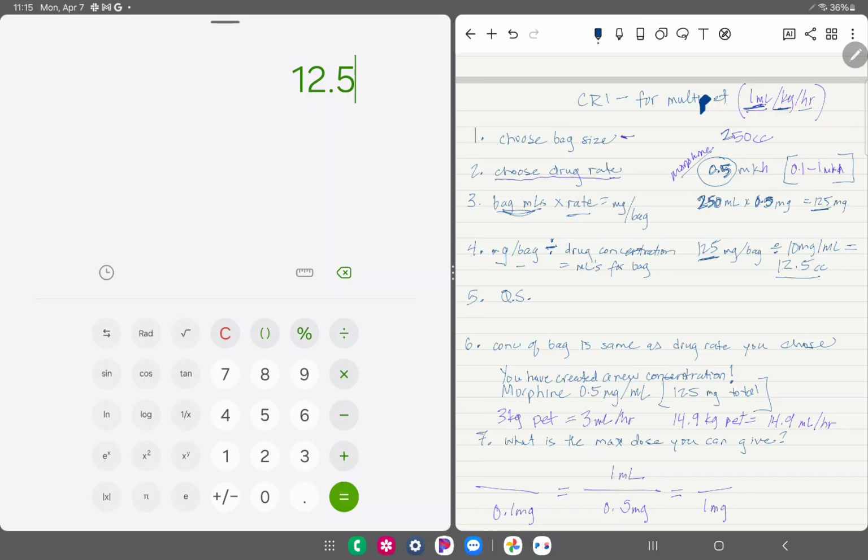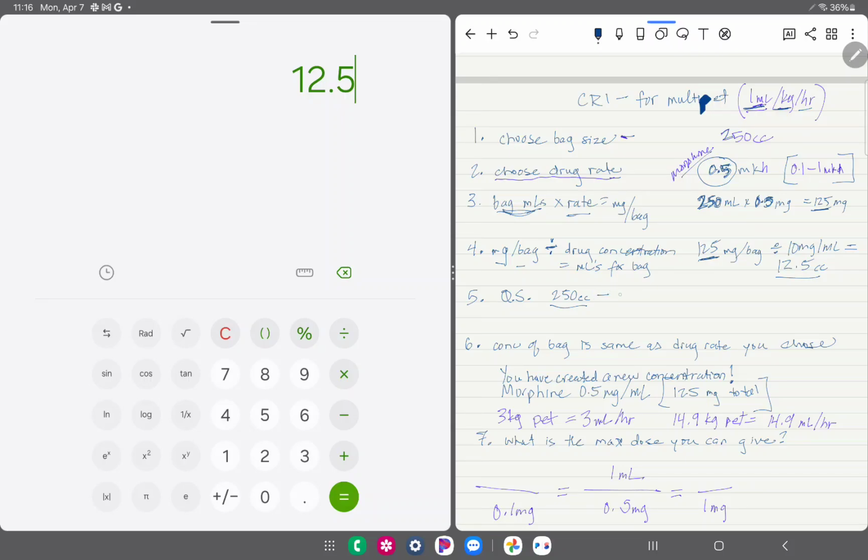Now remember, quantity sufficient. If I start with 250 cc's total, I must end with 250 cc's total. I have to make room in this bag for the volume I'm about to add.